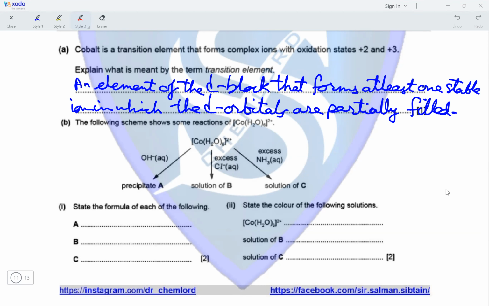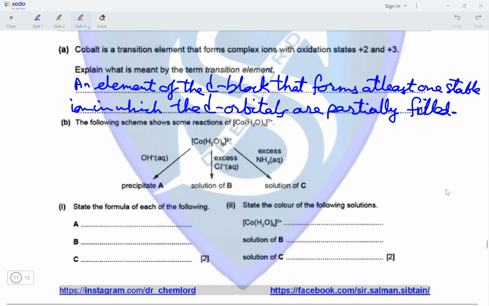The following scheme shows some reactions of [Co(H2O)6]2+ ion, basically cobalt aqueous ion. So on reaction with OH-, it forms a precipitate A, which is cobalt hydroxide. In excess of chloride ion, it forms solution B, which is [CoCl4]2-, and in excess ammonia, it forms a brown solution, which is [Co(NH3)6]2+. State the formula of each of the following.